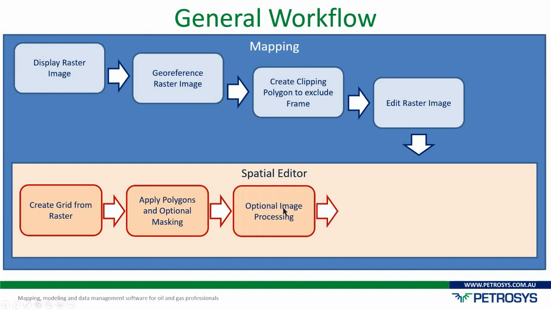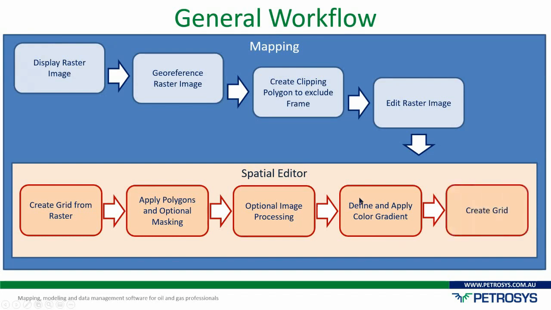You can then do various forms of image processing to enhance the colors that contain your data. And then if you're doing the raster to grid operation, you define a color gradient, which is going to tell the system what values are associated with which colors and how to interpolate them. And then you press the button and you create your magnificent Petrosys grid.